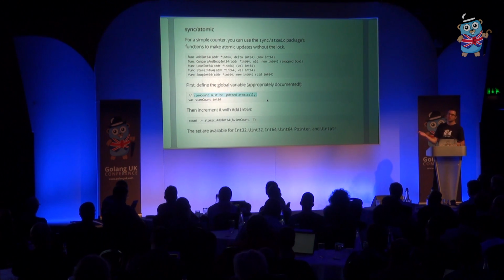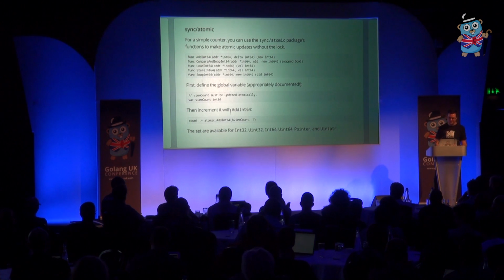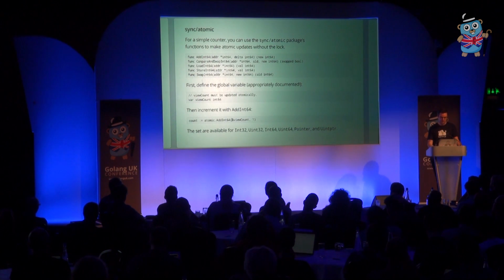It would be nice if there was a tool to verify that. Maybe Francesca will talk about that later in the day, or maybe not. And then if you want to increment it, you can use AddInt64 and pass a pointer to that value. And so it will use the processor's atomic instructions to make that update and return the new count.